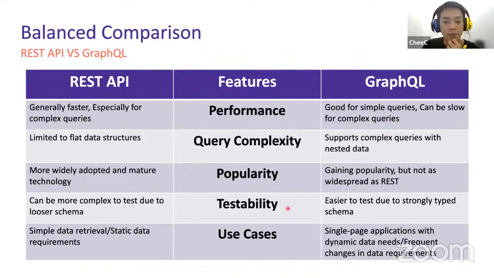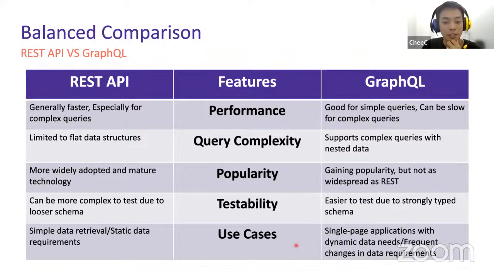For testability, I think both are nice to test as they have very nice tools to use. It also depends on the data that you use, but overall, I think GraphQL would be a little bit better in this case because of the strongly typed schema, as we can see from the showcase just now.